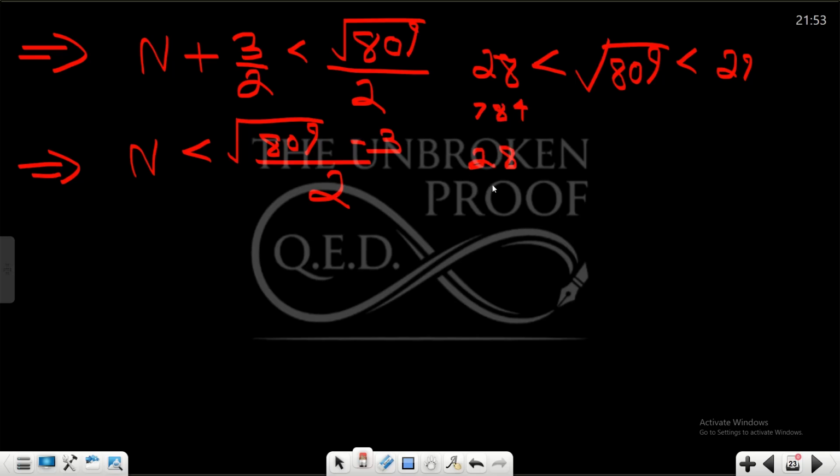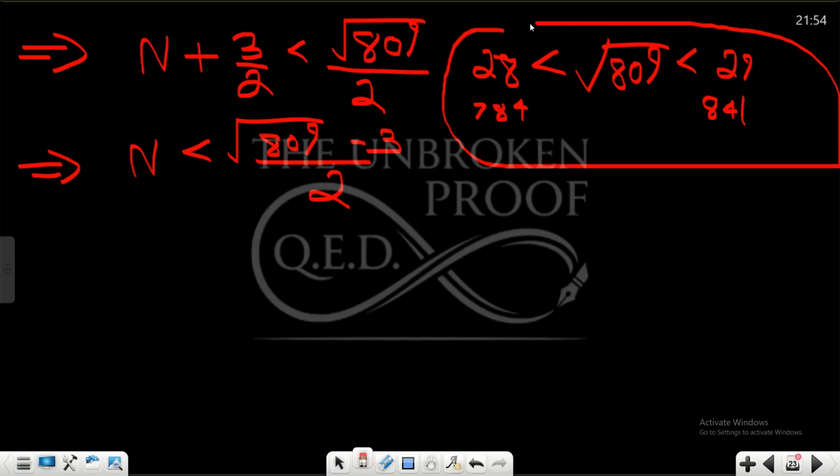Because 28 into 28 is 64, 6 and 22 then 56 as 784, and 29 square should be 841, and clearly 809 is between these two numbers, so that's why 809 is between 28 and 29.